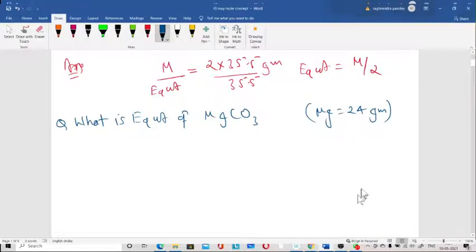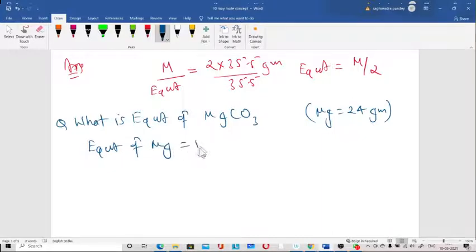Equivalent weight of magnesium carbonate. So how to solve it? What is the equivalent weight of magnesium?